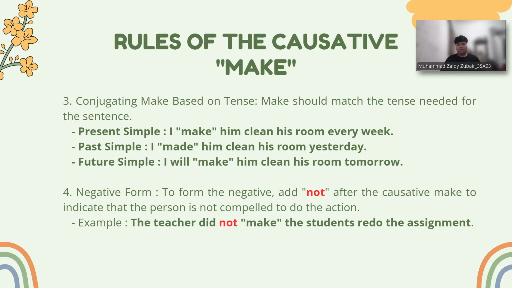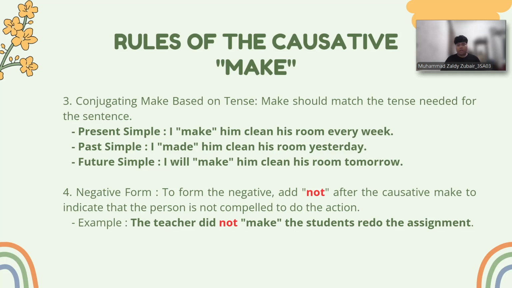Number three, conjugating make based on tense. Make should match the tense needed for the sentence. Present simple: I make him clean his room every week. Past simple: I made him clean his room yesterday. Future simple: I will make him clean his room tomorrow.